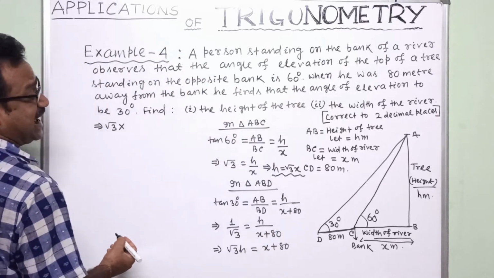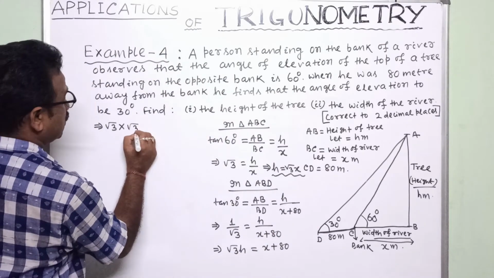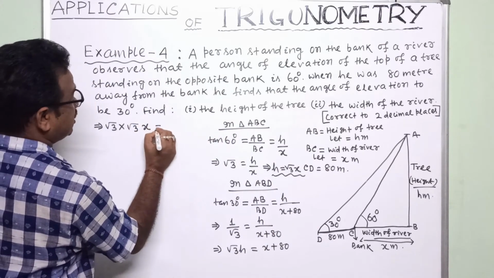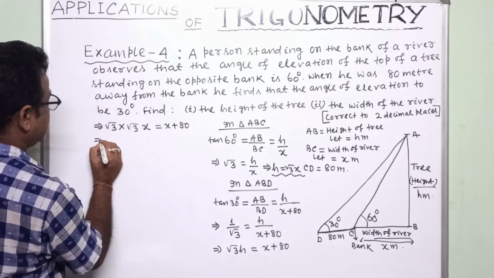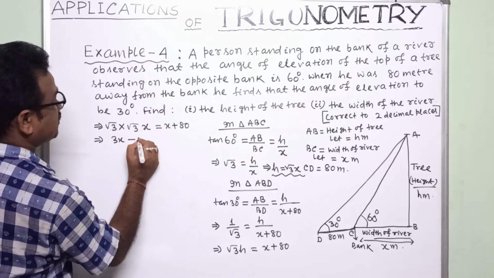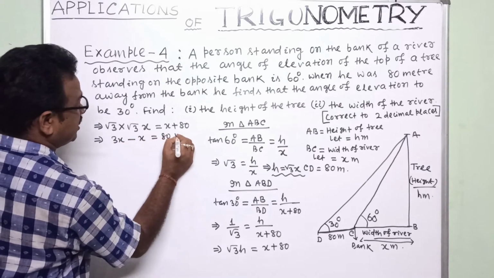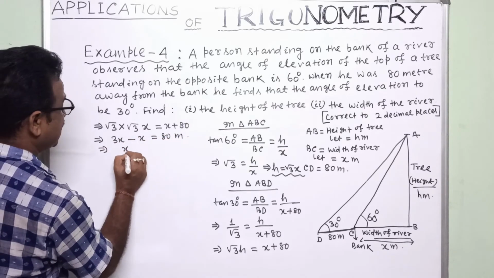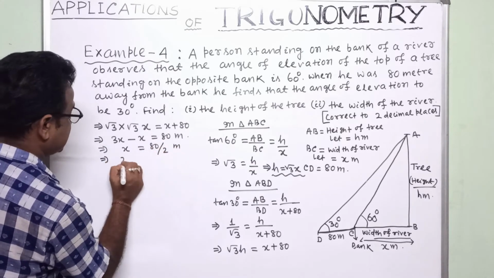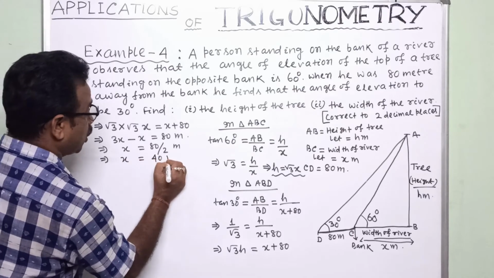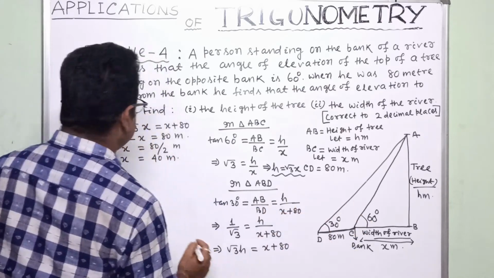H is root 3X, so root 3X into root 3X is equal to X plus 80. That implies 3X minus X is equal to 80 meter. That implies X is equal to 80 by 2 meter. That implies X is equal to 40 meter. What is X? The height of the river.